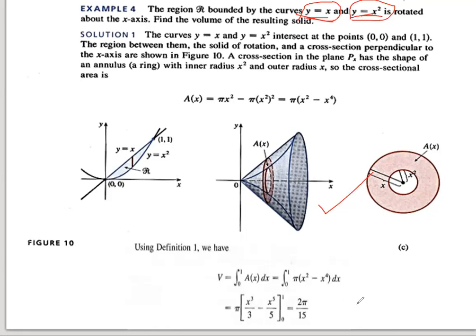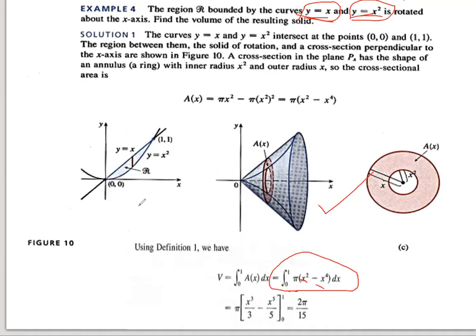So the volume that is generated is given by this formula. Notice you have to square x, so you get x squared, and you have to square x squared, so you get x to the 4. The pi, you can always bring to the front.